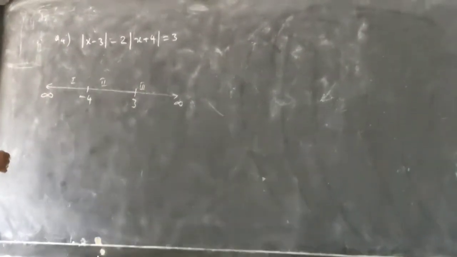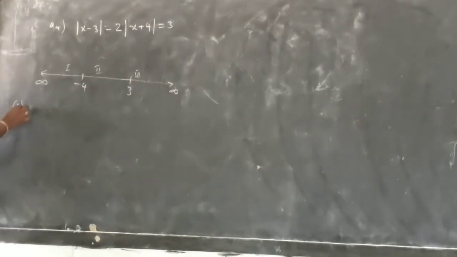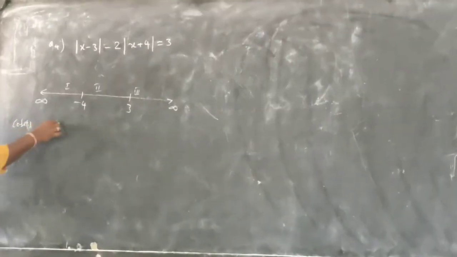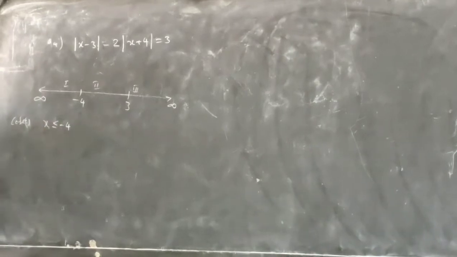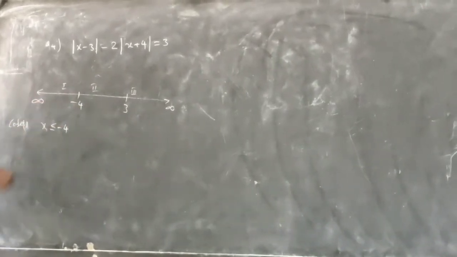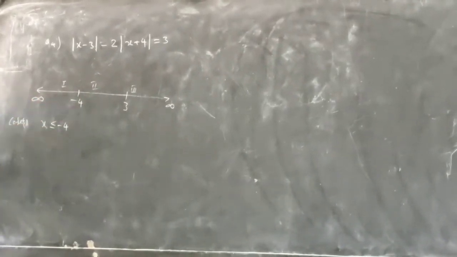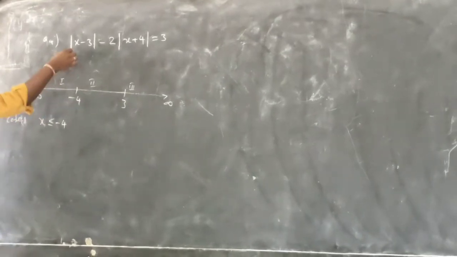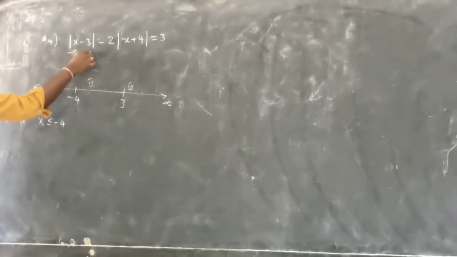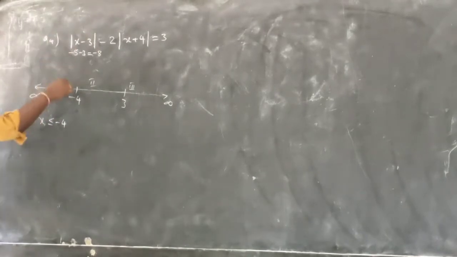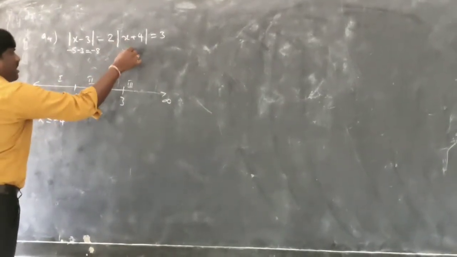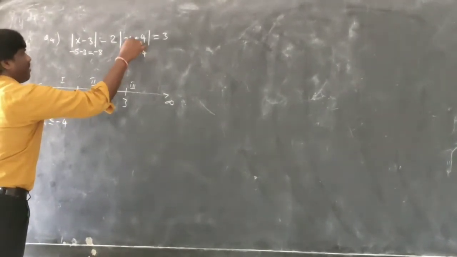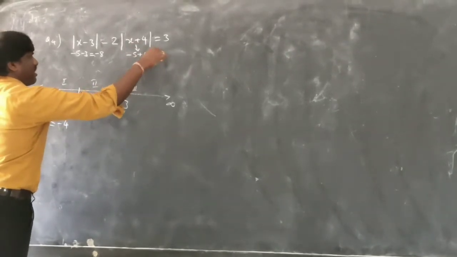Now, case 1. I take x less than or equal to minus 4. In this case, let us take any number less than minus 4, let us take minus 5. Minus 5 minus 3 is minus 8, and minus 5 plus 4 is minus 1.